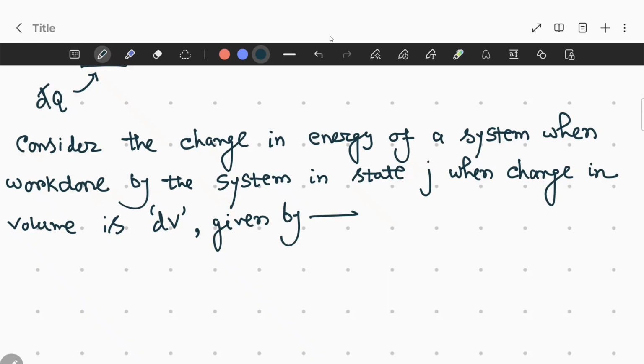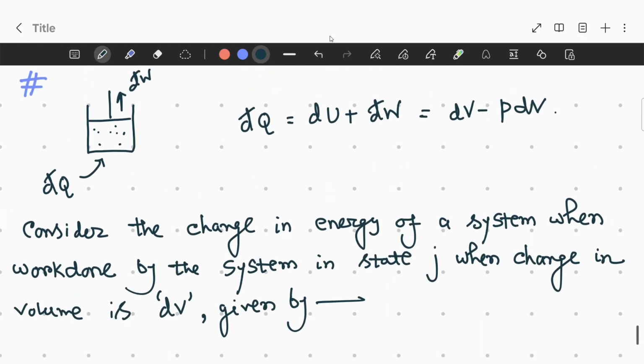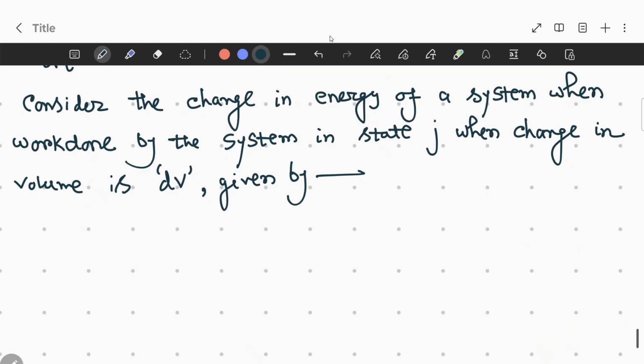Now, when work is being done, then V is changing, correct? So that is the same. Here also PdV is there. That is our work done, that you have taken into account. So what can we write? How will the internal energy be changed? That EJ is the energy of the Jth level. That will be changed by dEJ over dV times dV, just the same as PdV. That is the change, before it was like this.